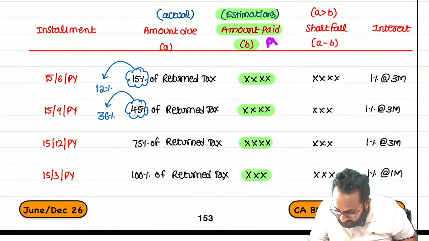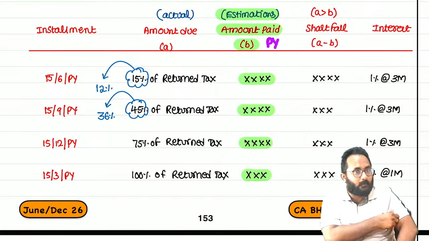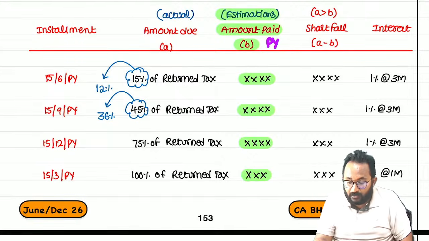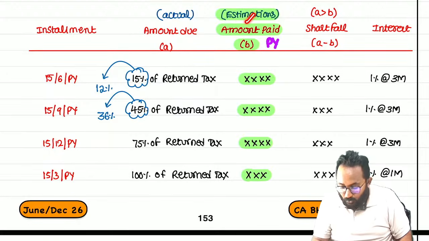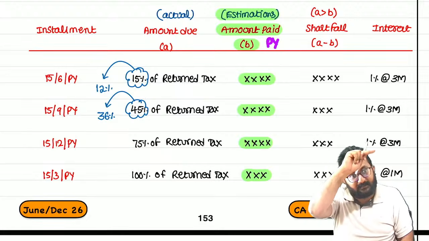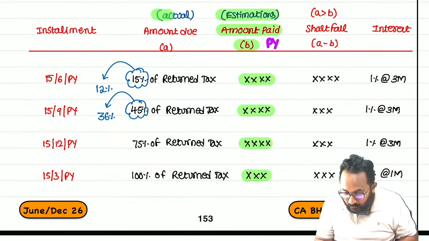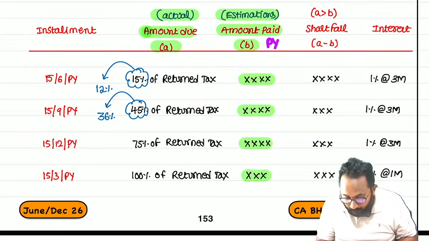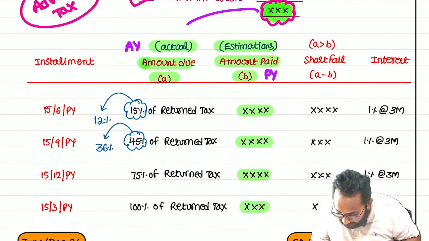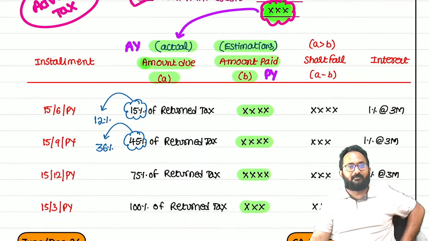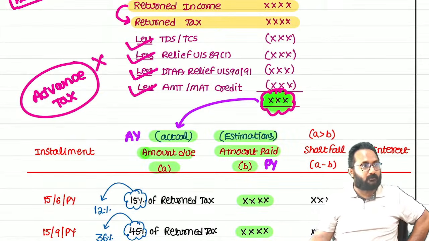In a previous year. First installment some amount, second, third, like you paid. But whatever you paid was based on what? Estimations. Now we are comparing with the actuals. We computed above in the assessment year. So this is what they are asking as advance tax. That's why we are not reducing the advance tax whatever you paid.